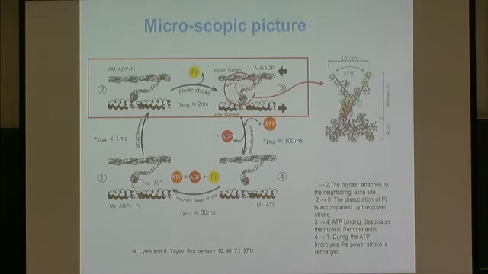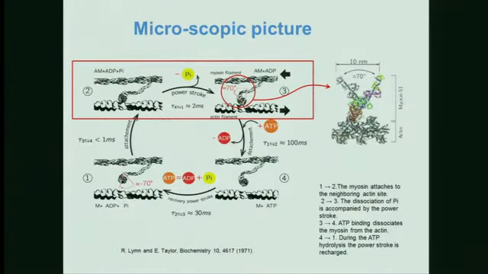Now, again, in the previous talk, we've seen this cycle. So this cycle is based on studying the actomyosin system in solution, and it tells you the main players here. So in particular, this power stroke, which we view as just passive unfolding, is taking place here.